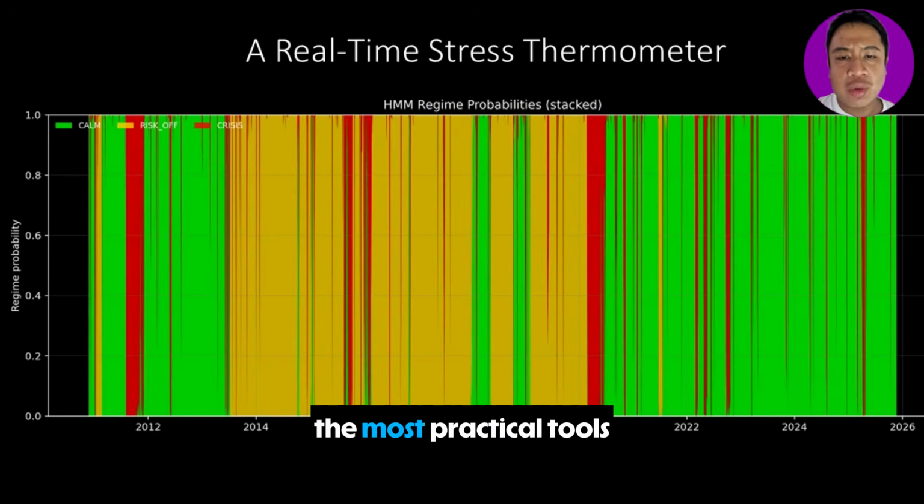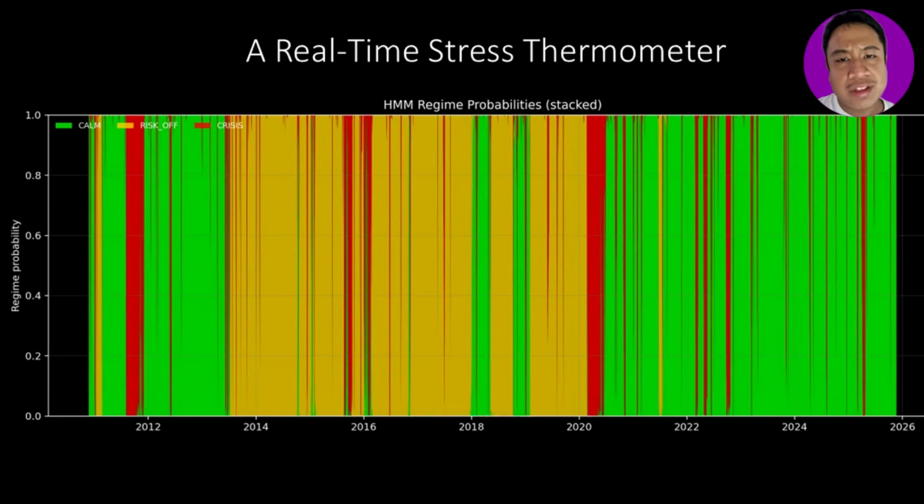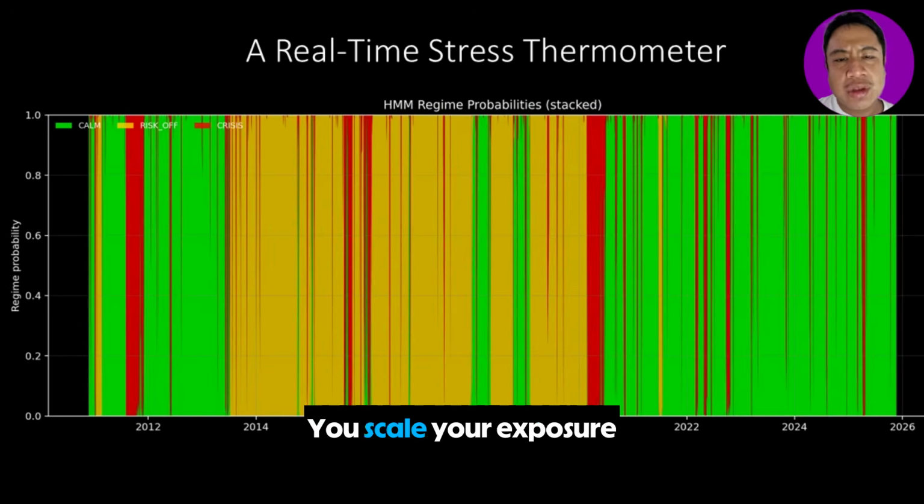This is one of the most practical tools for real-world trading. You don't need to switch your position on one specific day. You scale your exposure gradually as the risk-off probability rises. If crisis probability goes above 70 to 80%, you switch to preservation mode. It's smooth, quantitative, and emotion-free.